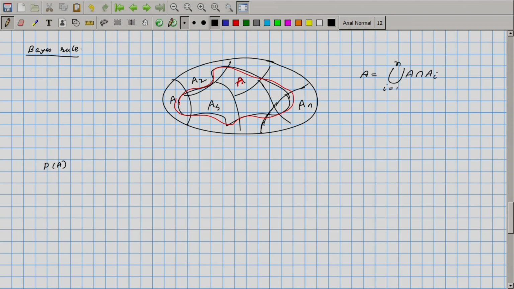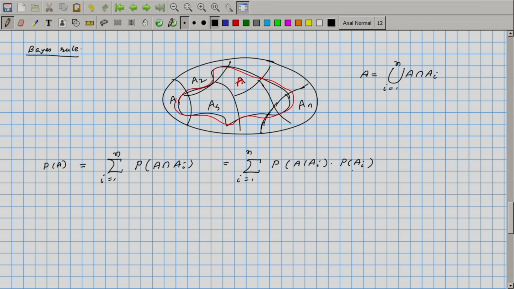So, A intersection A1 union A intersection A2, and so on, that union would give us A. So, by the axioms of probability, we can say that probability of A is just the summation of probabilities of A intersection AI, I going from 1 to n. And to compute the probability of this intersection, we can use conditional probability, and that would be probability of A given AI times probability of AI.